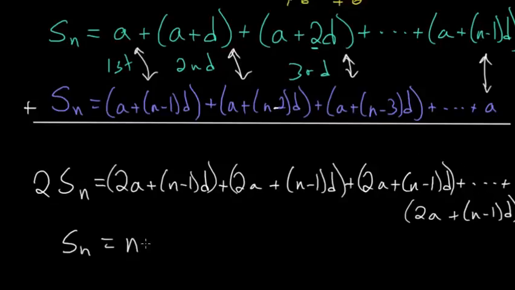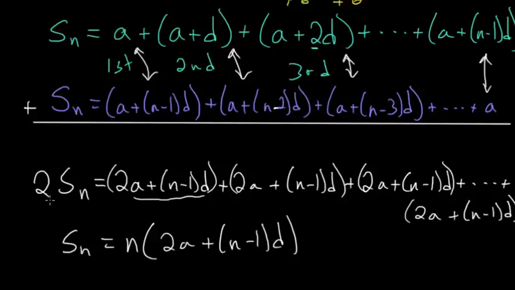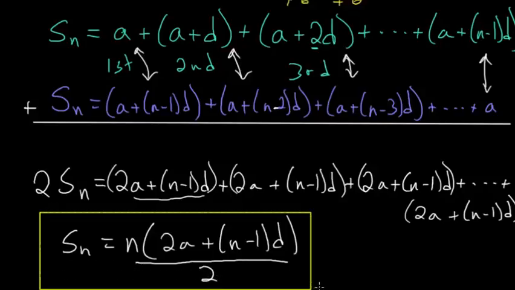So it's really just n multiplied by this thing. So 2A plus n minus 1 times D, and then dividing each side by 2, this is all just divided by 2. And this is the general formula for the sum of an arithmetic sequence.